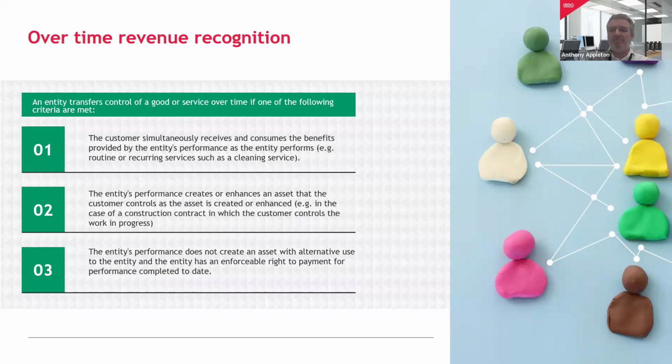So you can recognise revenue as you perform it. Similarly, if you were doing an extension to an existing building, you've got a promise to do the entire extension, but when you're halfway through, you've enhanced their asset, you've enhanced their building, and they have control of the WIP, so you can recognise revenue.